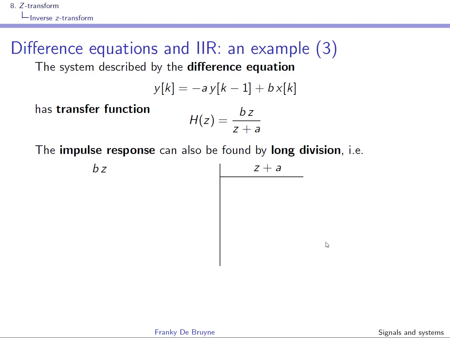You can also work with the variable z. Remember that you can rewrite this transfer function as follows, and then you have to organize this division in such a way that again the highest degree in z is in front, and this will organize the coefficients in the same way, and you proceed exactly as in the previous slide, as shown over here.